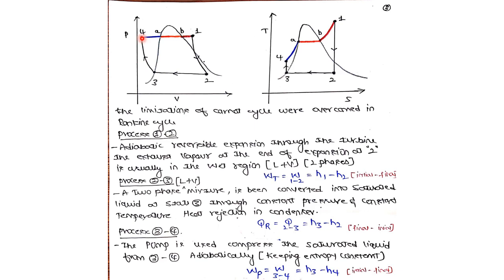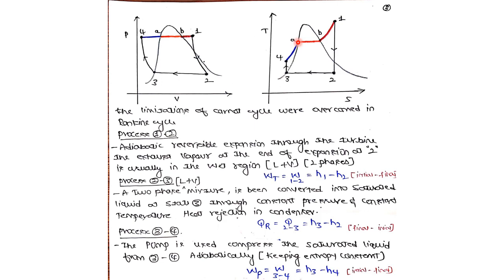See, from 4 to A, the temperature is being raised, but there is no phase change from 4 to A, only the temperature is raised. That means the temperature of the subcooled liquid is being raised to reach the saturated state at state A. Now at state A, the saturation state has been reached.